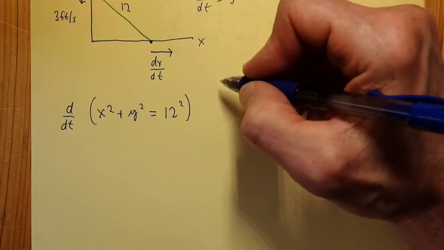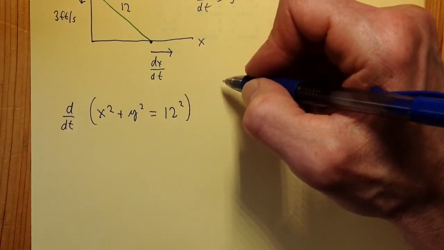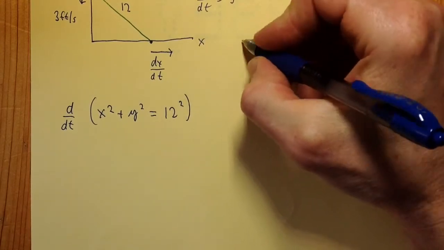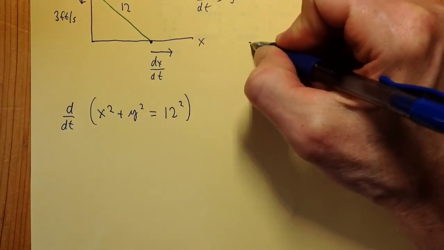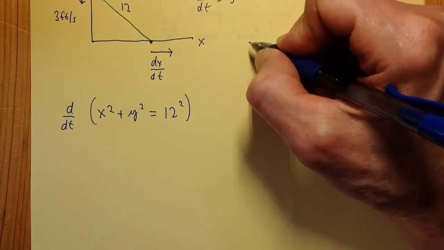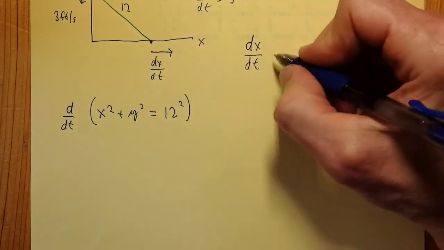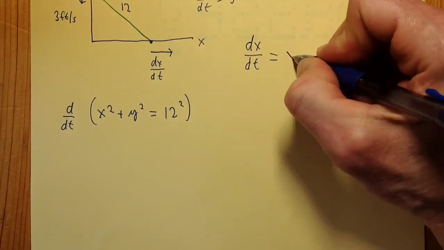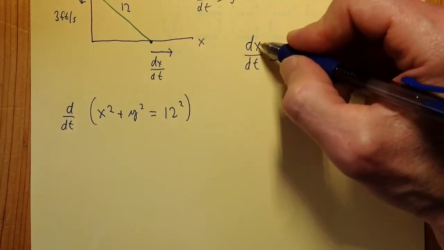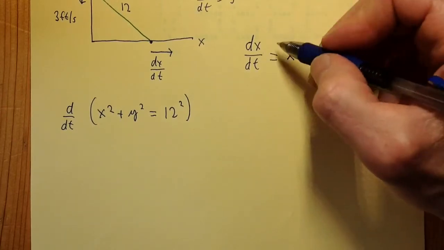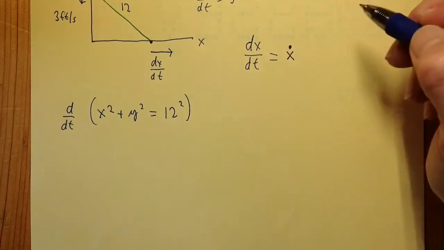Okay, what I'm going to do is use notation that actually Newton used, and it makes it a lot easier. He said, just to make things simpler, let's denote the rate of change of something with respect to time, since that's really common, as the variable with a dot over it. Instead of writing dx dt, just put x dot.